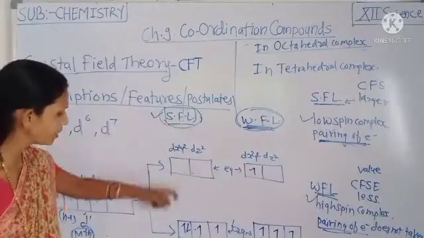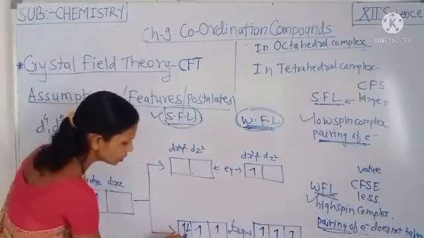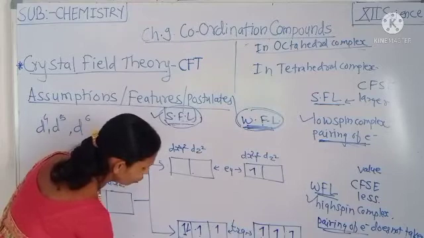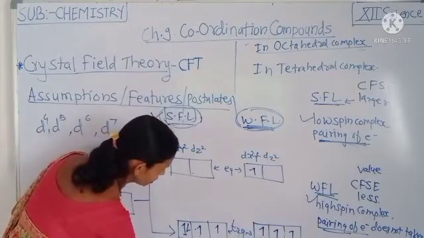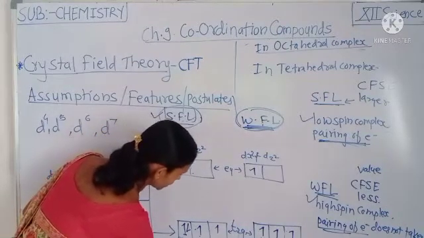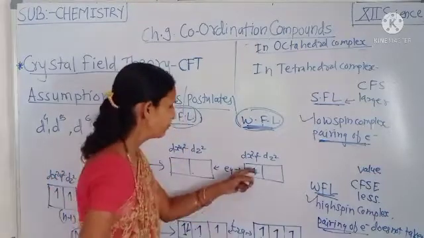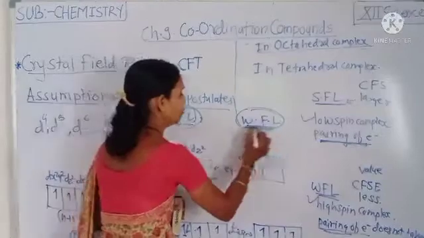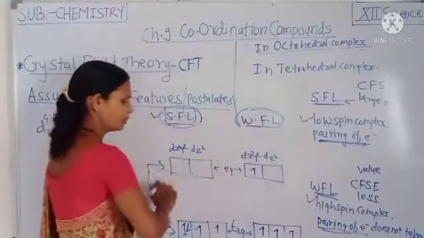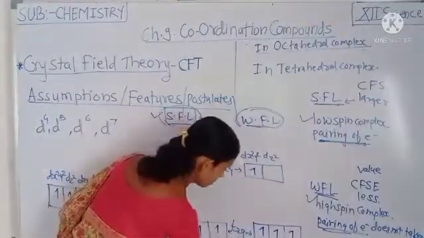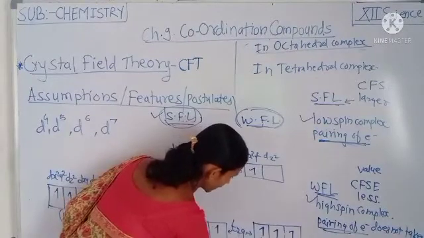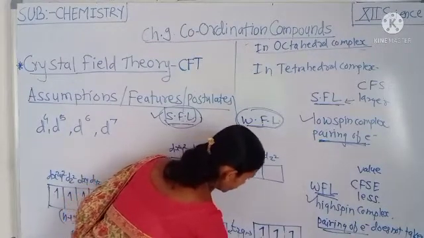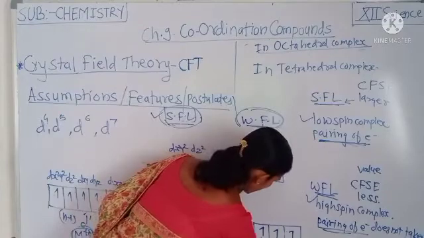If a strong field ligand approaches, pairing of electrons takes place, so a low spin complex forms. When a weak field ligand approaches, pairing does not take place, so a high spin complex forms.